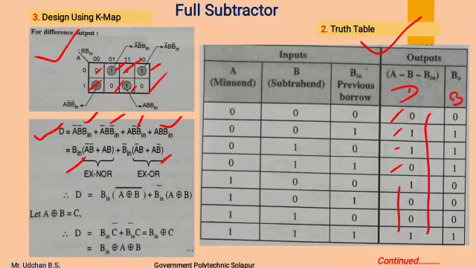Now this bracket consists of the expression of XNOR gate, and this bracket consists of the expression of XOR gate. So here we are going to write this XNOR in the form of XOR by complementing XOR gate. So this equation will be converted as D equal to B in A XOR B, its complement plus B in bar A XOR B.